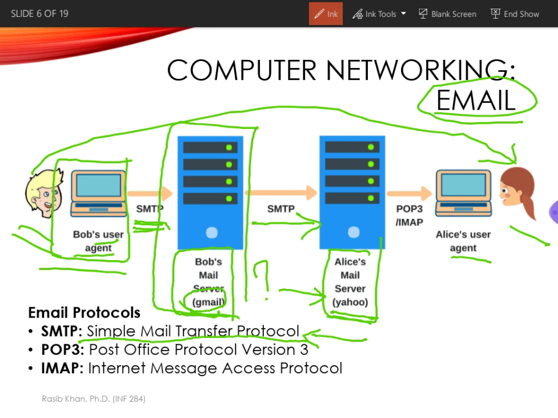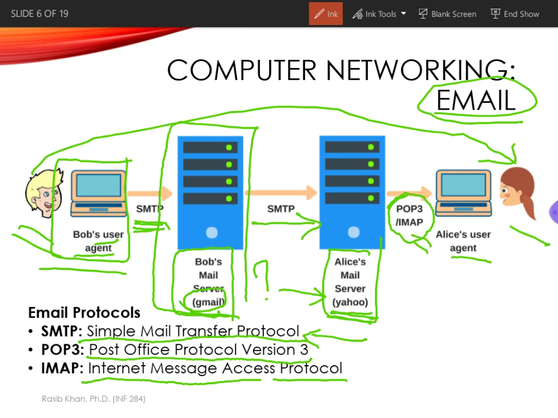After that, Alice doesn't really know yet that she has an email waiting on the mail server at Yahoo. So there are two other protocols commonly used, POP3, which is the Post Office Protocol version 3, and IMAP, which is the Internet Message Access Protocol.